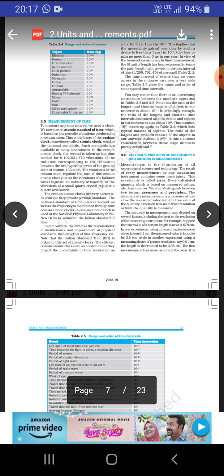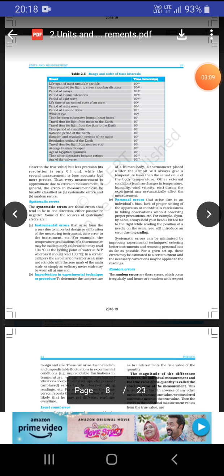Next, systematic error. These are errors that may be either positive or negative. Instrumental error arises from imperfect design of a measuring instrument, or a zero error in the instrument. Then there is imperfection in experimental technique or procedure.